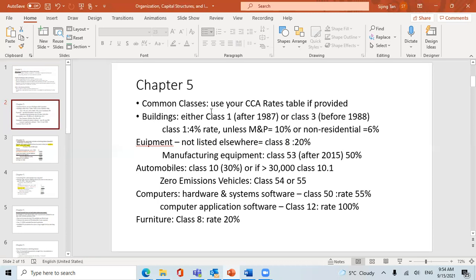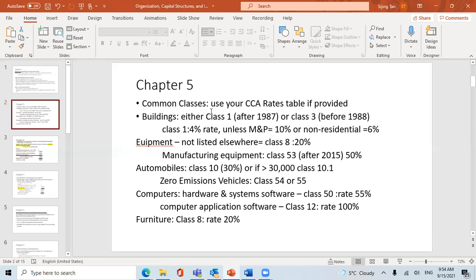And then automobiles normally go to class 10, the vehicle rate is 30%. This excludes certain passenger vehicles that are allocated to class 10.1. So for a car acquired in 2018 through 2020, the prescribed amount is $30,000. If it's over $30,000, it goes to class 10.1.